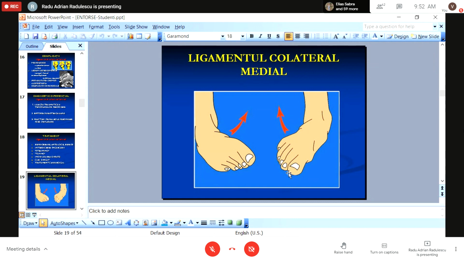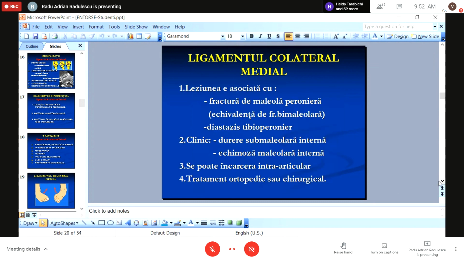So very often during this mechanism, instead of a lesion of a deltoid ligament, we may have a fracture of the medial malleolus. Anyway, if we have a lesion of the deltoid ligament, sometimes this ligament will go into the joint and will make impossible healing of this sprain.